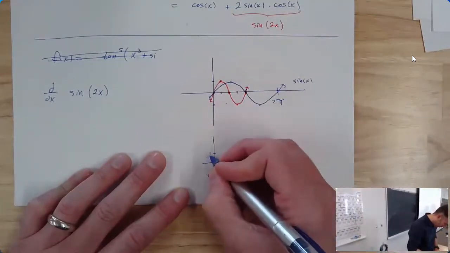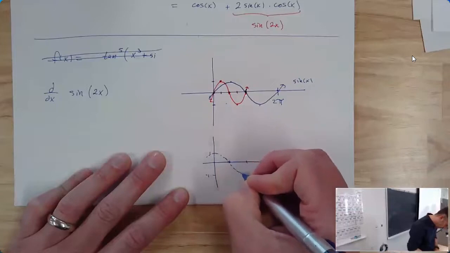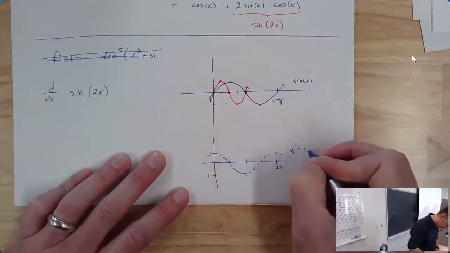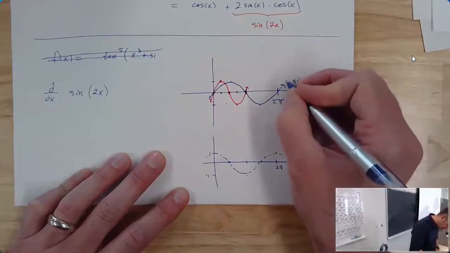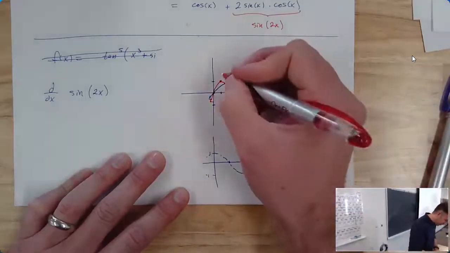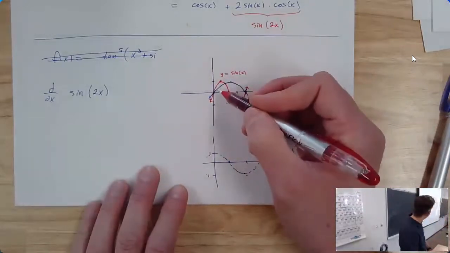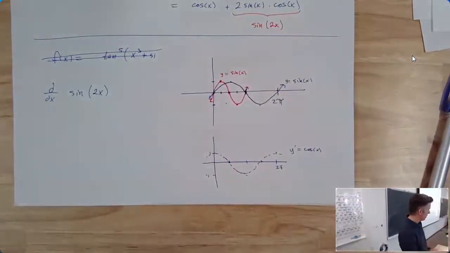So there is my derivative of sine, which we already knew. There's your y prime equal to cosine. But now check this out. Here's where I think things are kind of neat. If you look at the slope of the tangent line of this red function here, it's definitely got a steeper slope than the blue function.